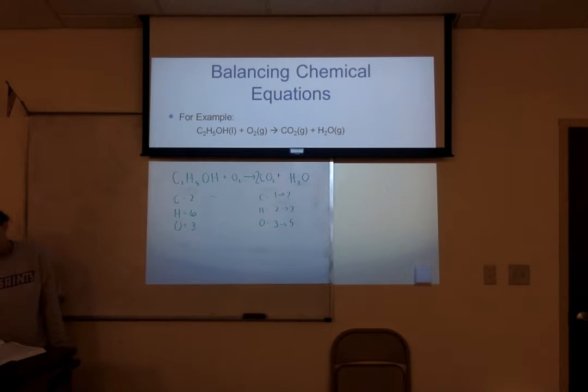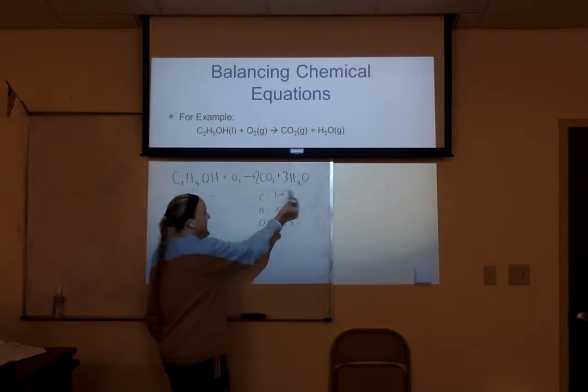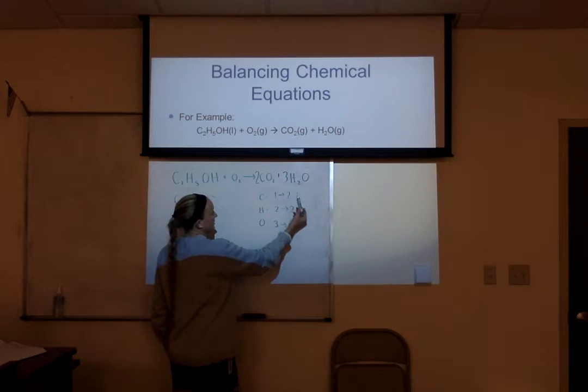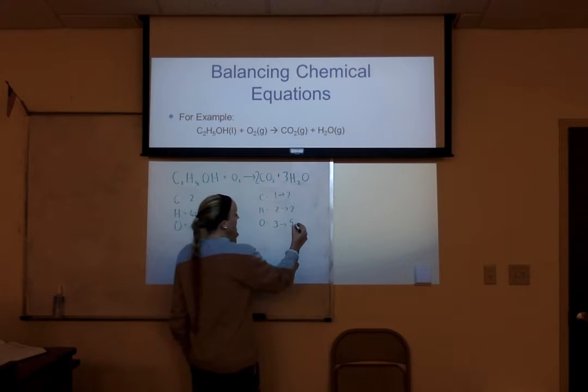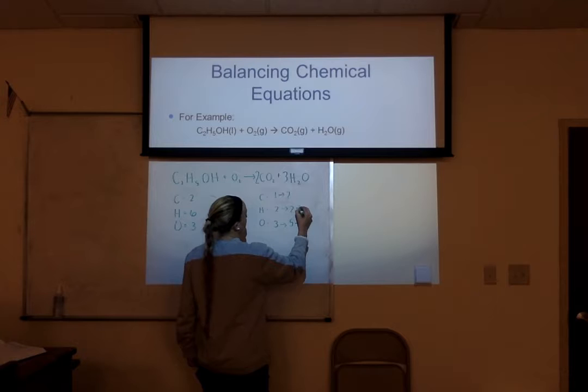Since C2H5OH contains 6 hydrogen atoms, the hydrogen atoms can be balanced by placing a 3 before the H2O. By placing a 3 in front of the H2O, that now makes the hydrogen have 6.